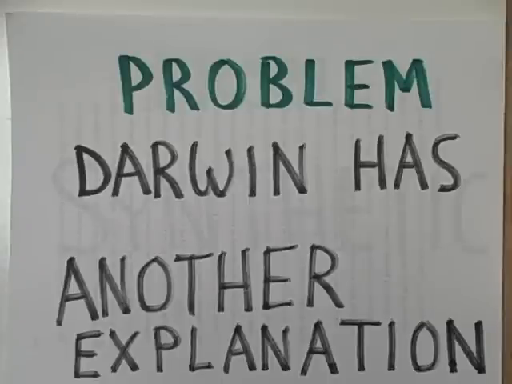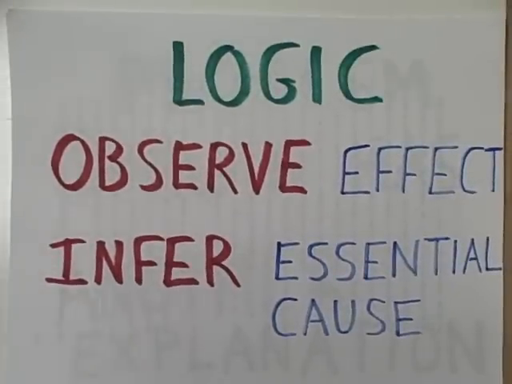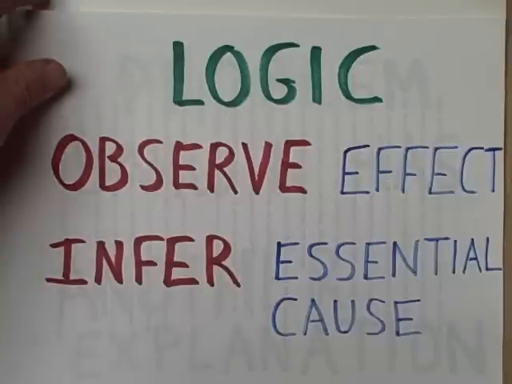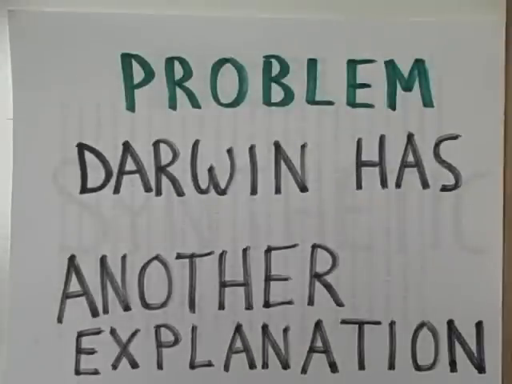It simply evolved that way. Now, if you go back to the basis of this logic, observing an effect and inferring an essential cause, if we have another possible way that design could exist, then God's existence is no longer an essential cause of that.